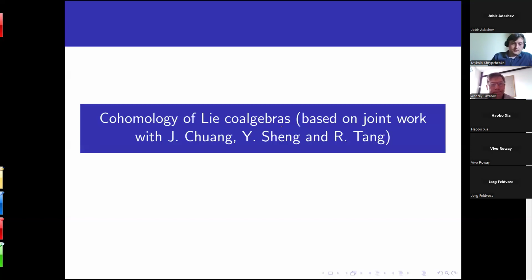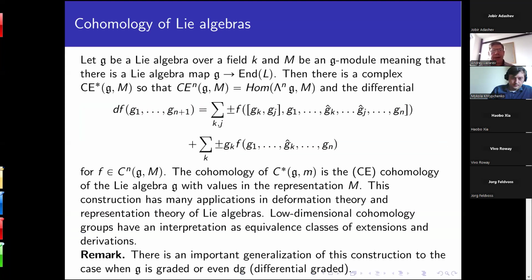Okay, so I'd like to talk about cohomology of Lie coalgebras, which is work in progress, joint with my long-term collaborator, Joe Chuang, and also Yun-He Sheng and Ron Kang. For those not very familiar with cohomology of Lie algebras or Lie coalgebras, I'm going to start with some preliminaries and recollections.